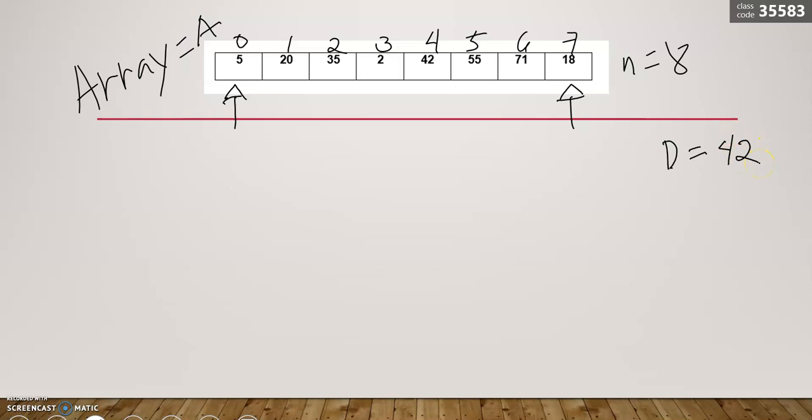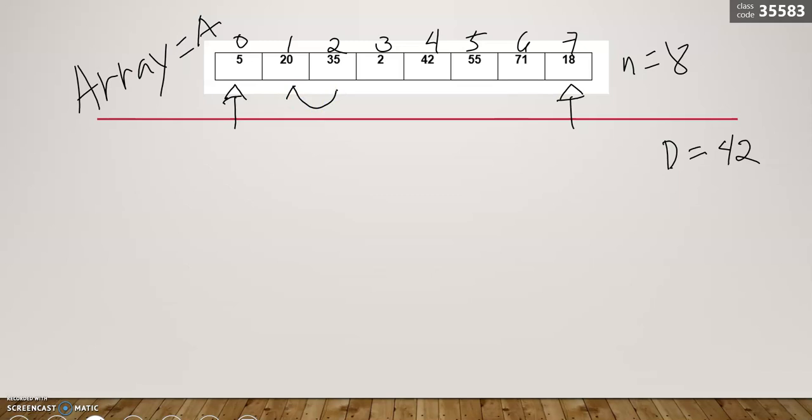Again, it is an iterative method, so you start from the zero index. Let us start with 5. Is 5 equal to 42? The answer is no. So you proceed to index 1. Is 20 equal to 42? No. So you move from index 1 to index 2.